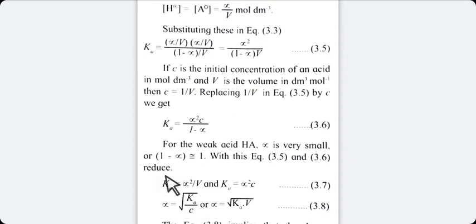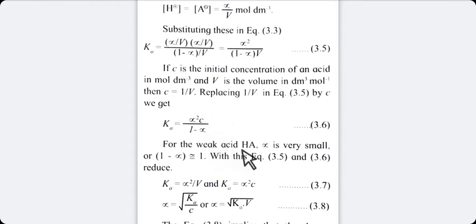That's why 1 minus alpha is nearly equal to 1. So the formula will be Ka is equal to alpha square upon V. From this equation, we suppose here 1 minus alpha is equal to 1. So the formula is Ka is equal to alpha square upon V, or from this equation, Ka is equal to alpha square into C. Why?